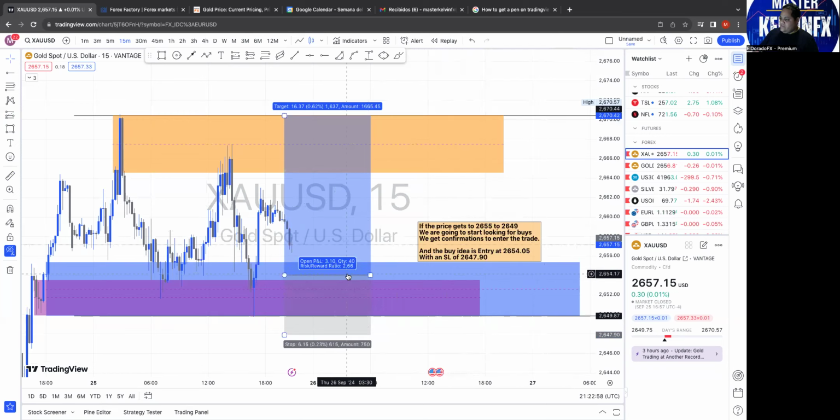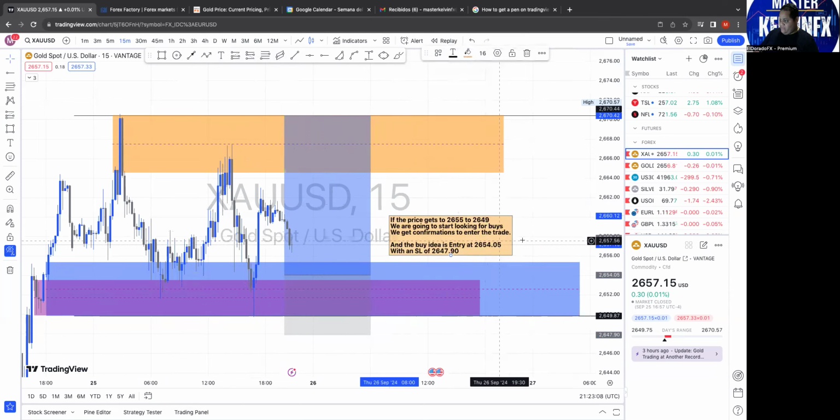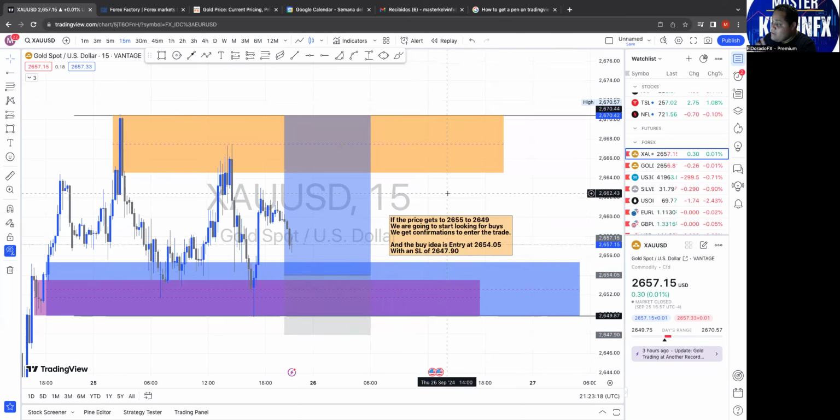Okay, so that is basically the SL. But remember, guys, check for confirmation in this area, 2,655 to 2,649. That's basically for tomorrow. If we have the market going up, we're gonna see how Asia behaves. But remember, if you want entries, you can always join our signal group. But this is the idea at the moment.